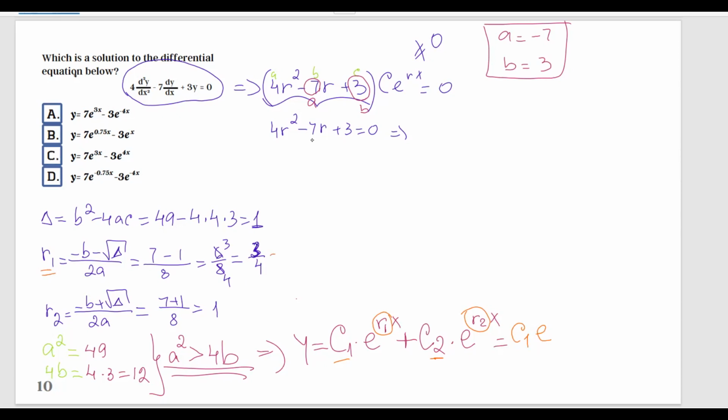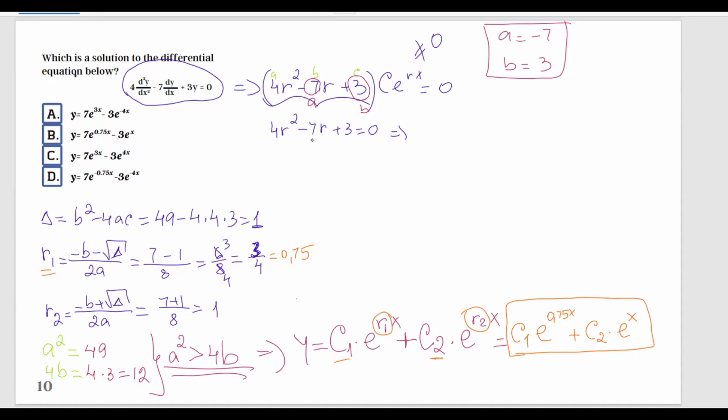Let's write it as 0.75. So we have C1 multiplied by e power 0.75x plus C2 remains the same, multiplied by e power R2. R2 is 1, so I'm just going to write x.